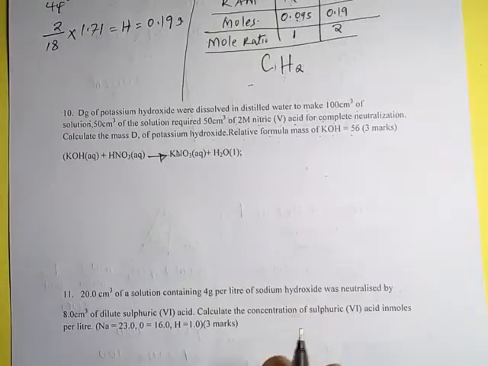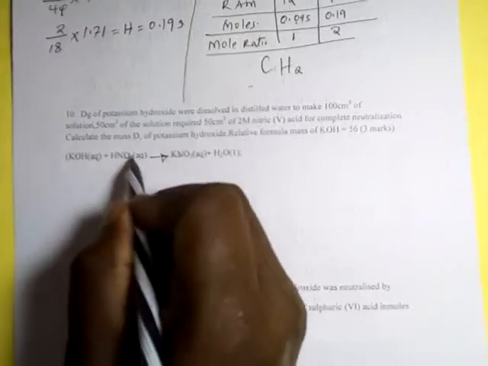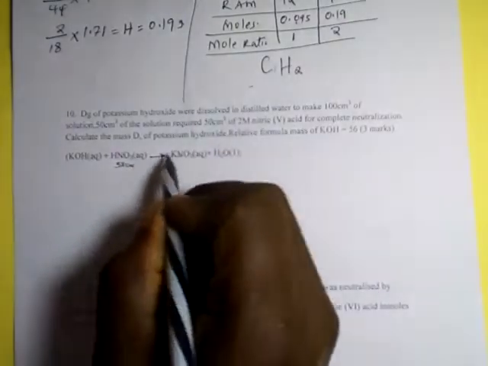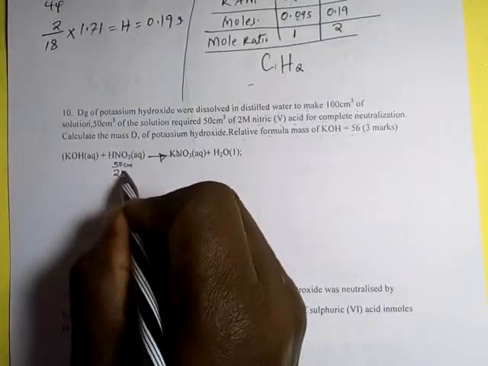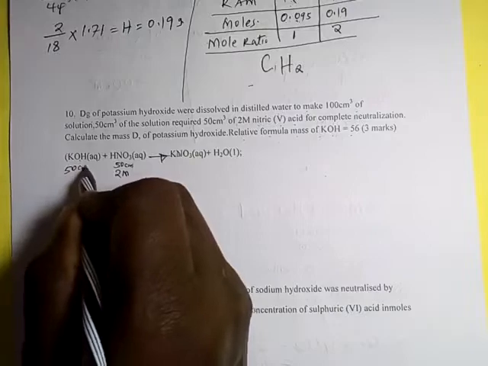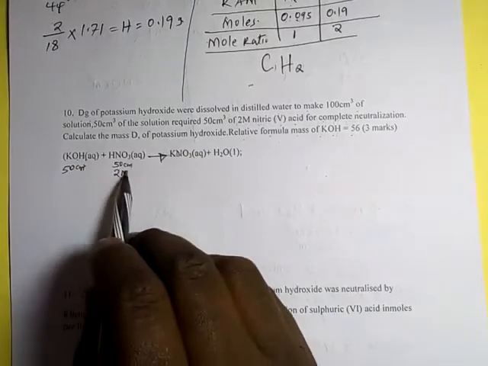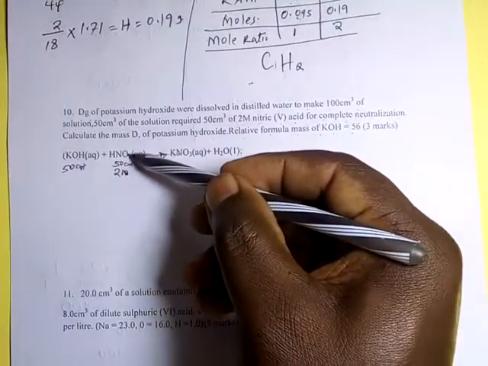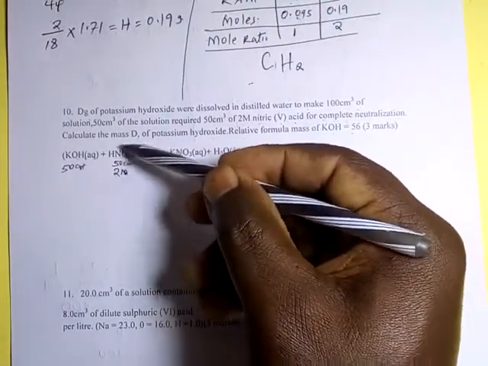So we know that 50 centimeters cube of nitric acid, which has a molarity of 2, required 50 centimeters cube of potassium hydroxide for complete neutralization. Since we have the molarity of the nitric acid and the volume, this is where we begin.